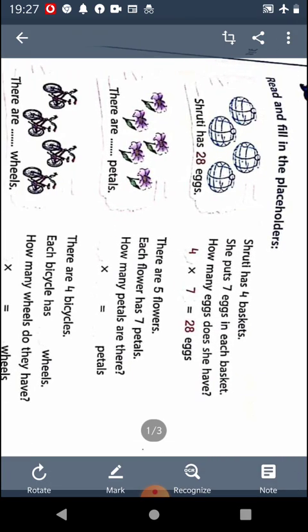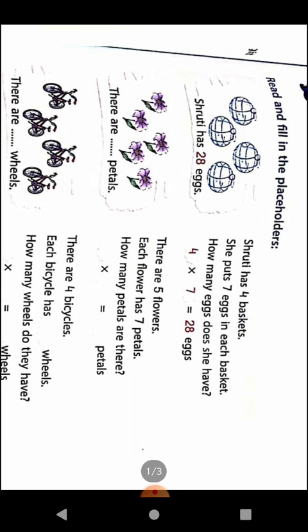Shruti has 4 baskets and she puts 7 eggs in each basket. How many eggs does she have? Shruti has how many baskets? She has 4 baskets, and she puts 7 eggs in each basket. So in one basket she puts 7 eggs. So in 4 baskets, how many eggs will be there?